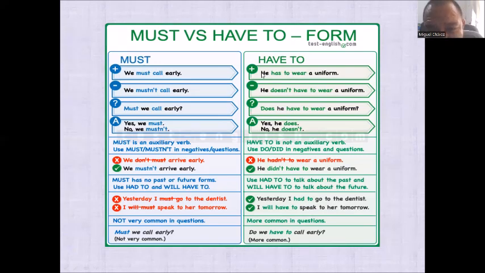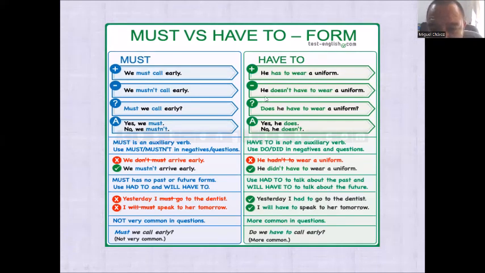Then, as I told you, we have I, you, we, and they that use have to. I have to wear a uniform. You have to wear a uniform. They have to wear a uniform. But remember that for the third person, we use has.